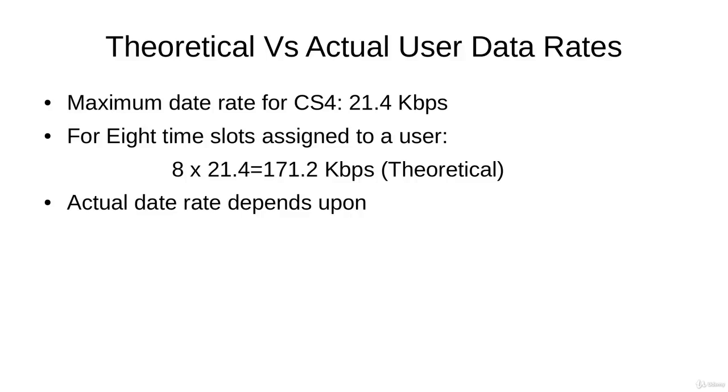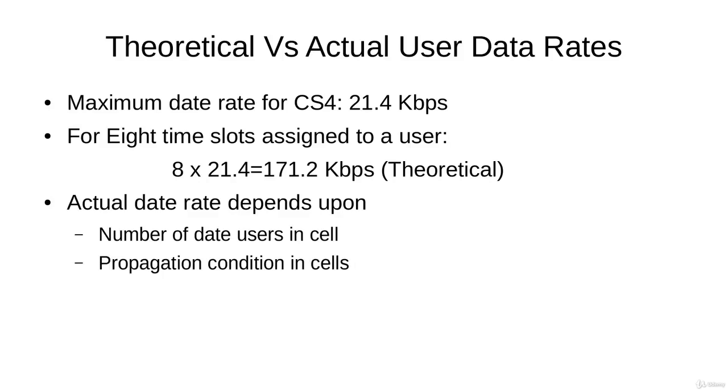The actual data rate depends upon many factors, like the number of users in a cell that are using the GPRS service, because the more users there are, the possibility that a user would often get 8 time slots would decrease, so its data rate would decrease.